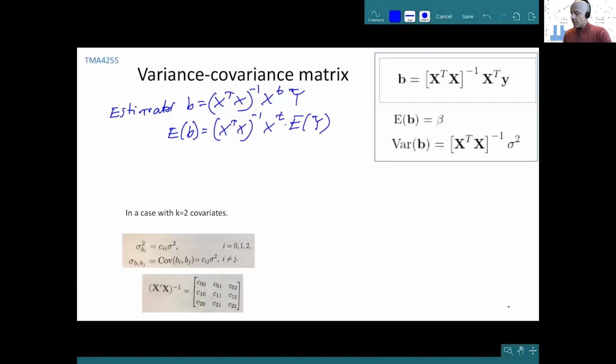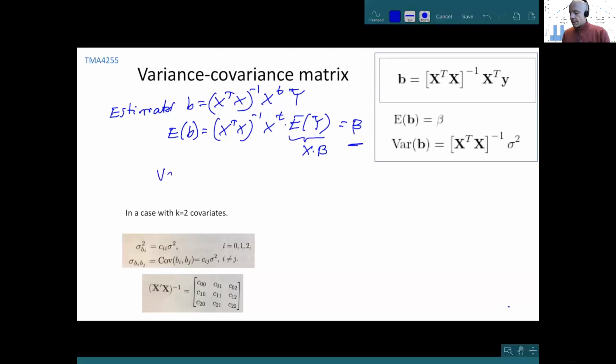And the expected value of y is just x times beta. And now you see that x transpose x cancels. So this is just equals beta. And in a sense, this shows that the estimator b that we get from least squares by differentiating these sum of squares is unbiased. On average, we hit the right target.